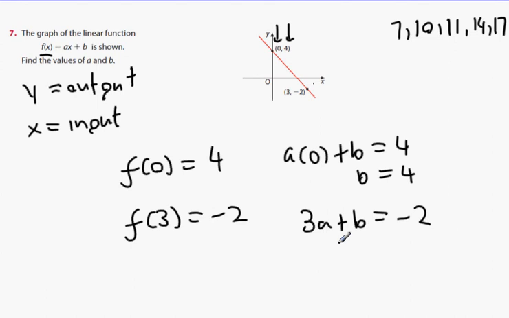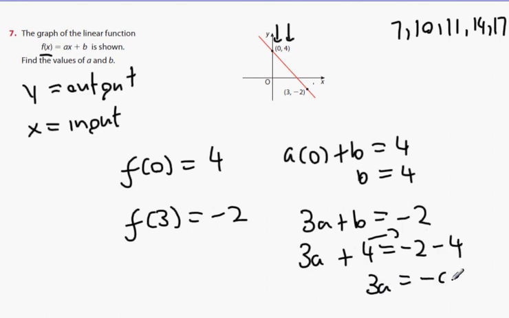Minus 2. We know that b is 4. Bring over the 4, it becomes a minus 4. 3a equals minus 6. Therefore a equals minus 2. Okay, not too bad.